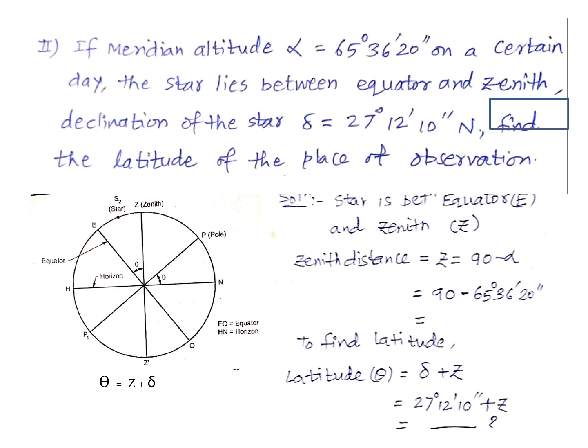Delta will always be with respect to the equator. So this is your delta value and this is your Z value. It is very easy to calculate theta: this plus this is nothing but your theta value. So easily you can calculate it.